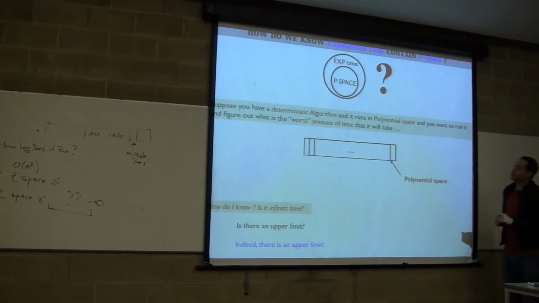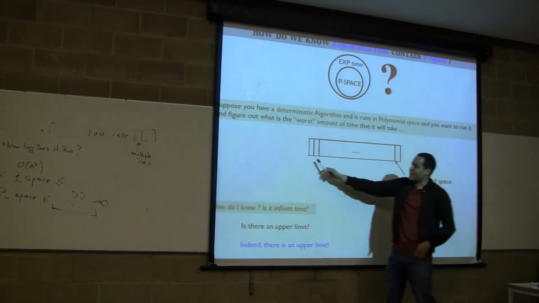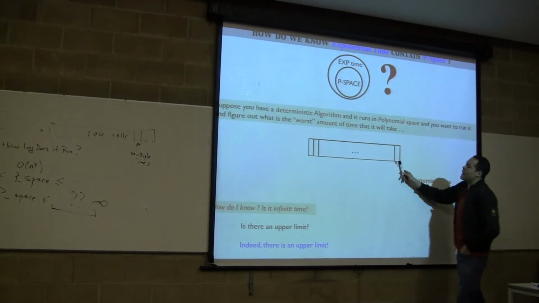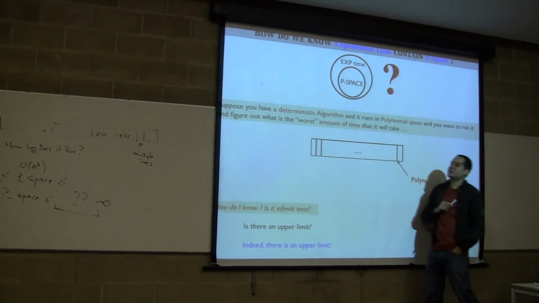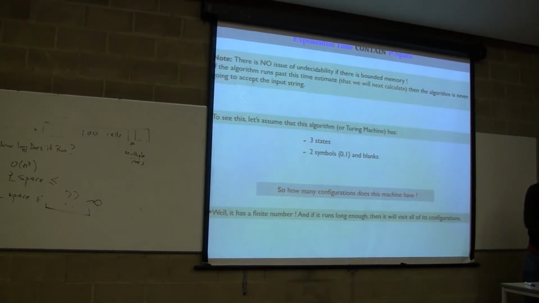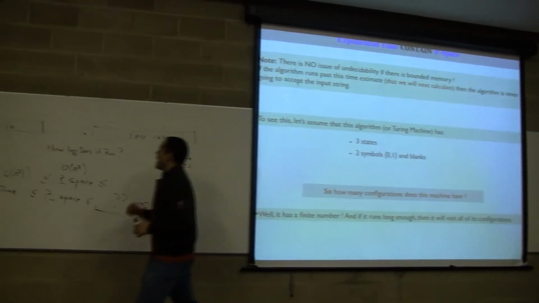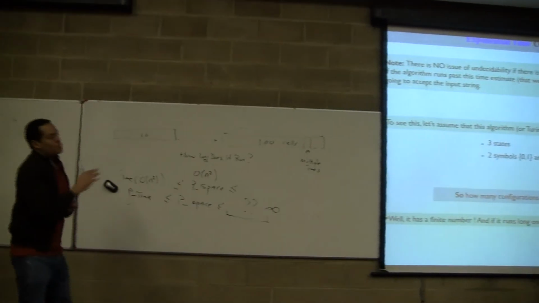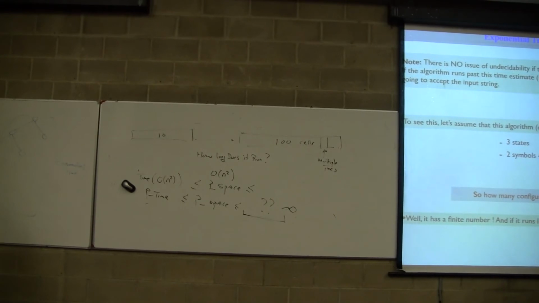So suppose this is the space that I use in my algorithm, and I want to quantify how long my algorithm will run if I've got this memory installed in my computer. Okay? So let's suppose that my Turing machine, to simplify the calculation, just so that you understand that once you bound space, you also bound time.